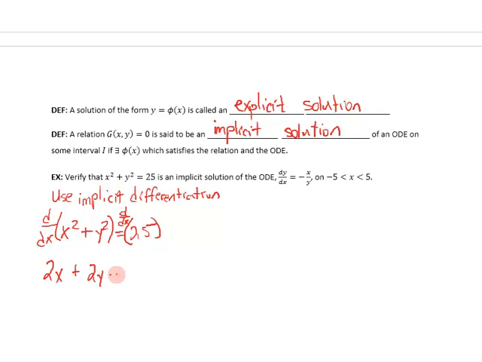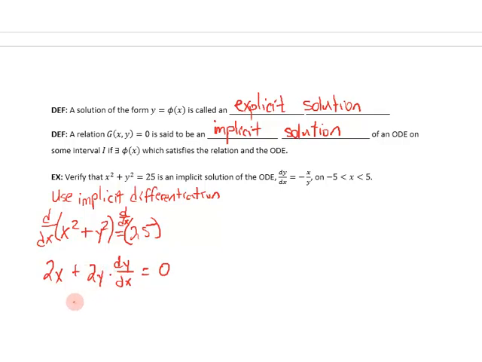Now, we don't know what the function is because we haven't solved this for y, but what we can do is just put in there as a notation dy dx. That's the derivative of y with respect to x. So times dy dx. So basically that's how implicit differentiation works: you take the derivative of all the x terms just with respect to x. If there's a y, you do it like it's an x, but then multiply times dy dx. The derivative of the constant is 0, so that's why the right-hand side is 0.